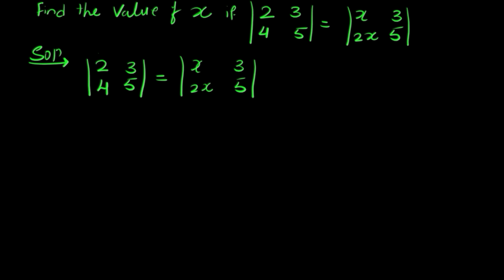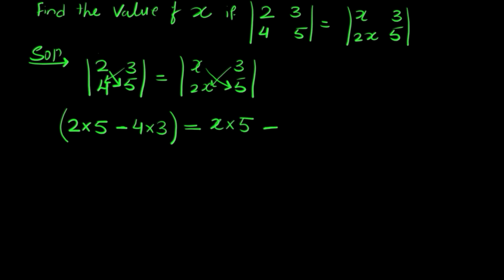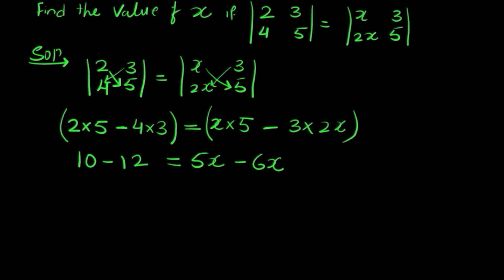We know how to solve the determinant. First we multiply 2 into 5, then 3 into 4: 2 multiply 5 minus 4 into 3 is equal to, similarly, x multiplied by 5 minus 3 multiplied by 2x. 2 fives are 10, minus 4 threes are 12, so 10 minus 12 is equal to 5x minus 6x. 10 minus 12 is minus 2, 5x minus 6x is minus x.